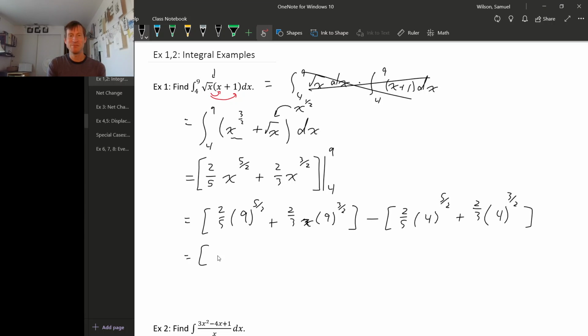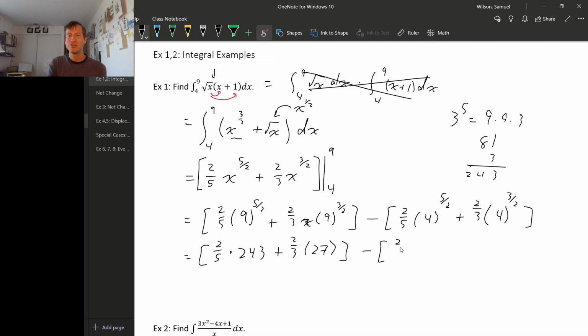Let's do maybe one more step until we get tired of working with the fractions. For 9 to the 5/2, the square root of 9 is 3, and 3 to the 5th power is 9 times 3, so 81 times 3, which is 243. So 2/5 times 243, plus 2/3 times 9 to the 3/2: again, square root of 9 is 3, and 3 cubed is 27.